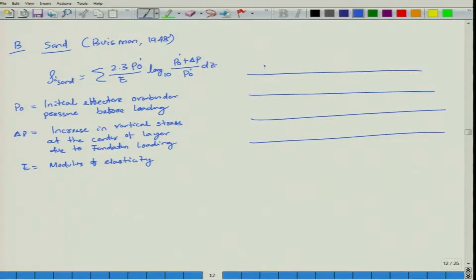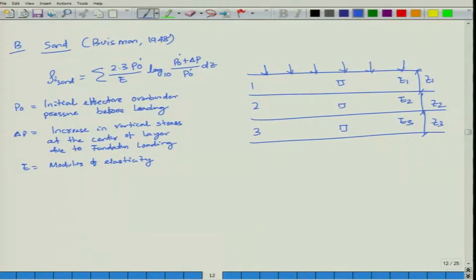Here is the pressure intensity because of the foundation; I write it like this. So, layers 1, 2 and 3, here is your Z1, here is your Z2, here is your Z3, and these are your E1, E2 and E3.